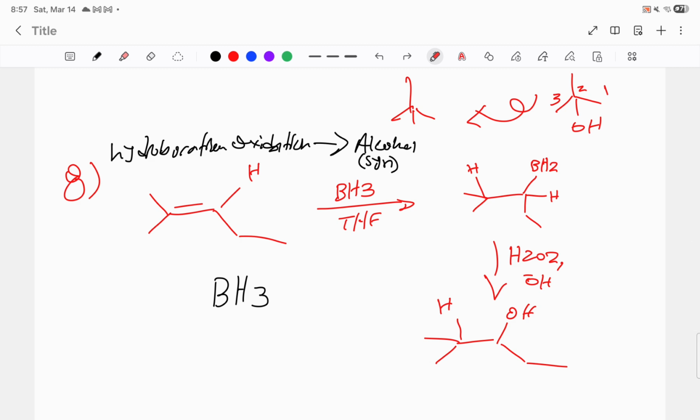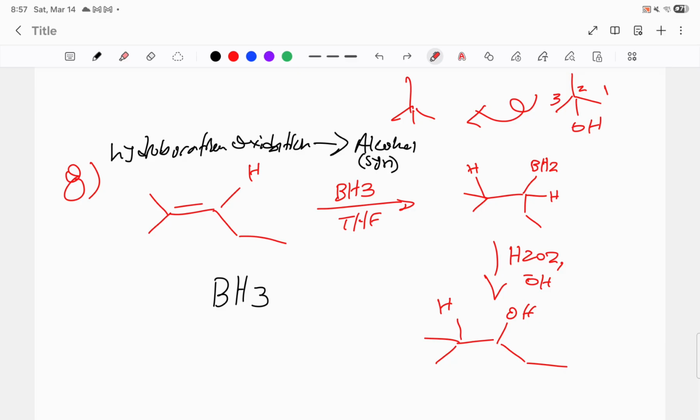But in this case, borane actually is adding anti-Markovnikov, so that means that it's adding to the less substituted carbon, okay? And again, this has important implications for us.